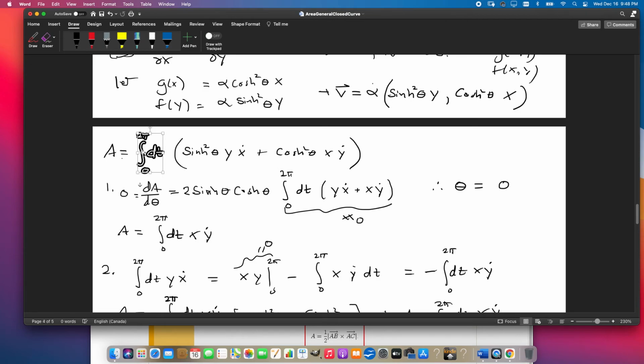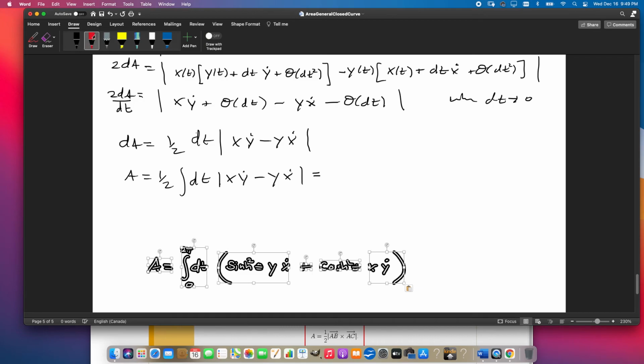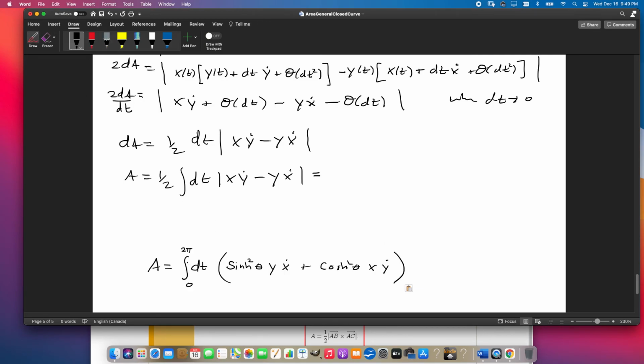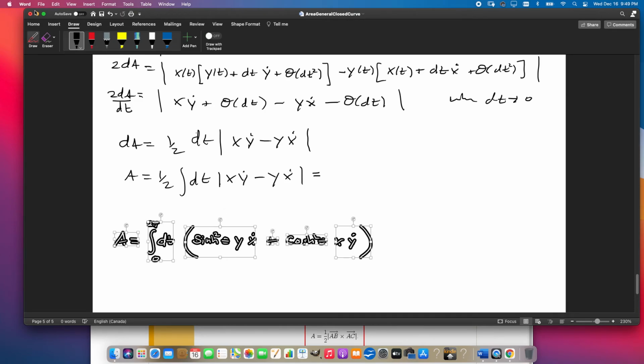So let me actually take this formula and write it down here. Okay, so this is a recall.